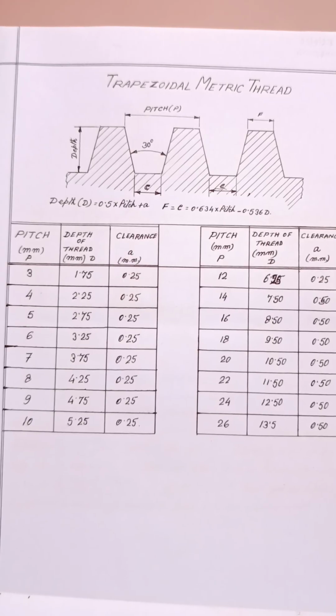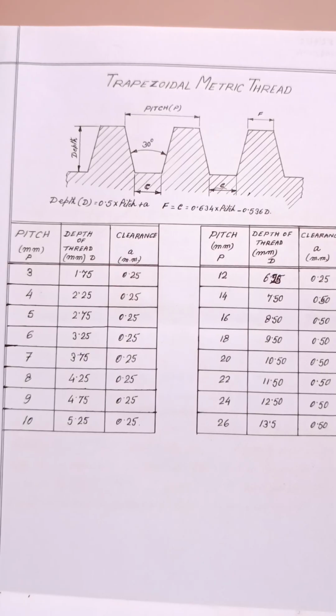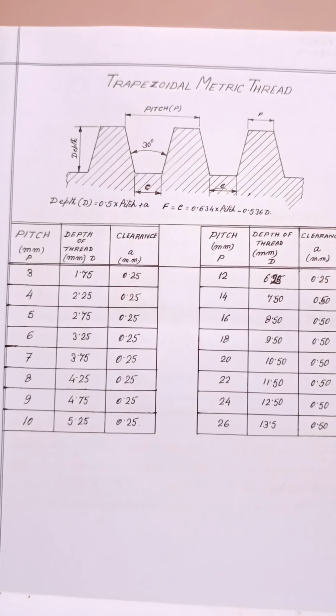This thread is used especially when we are cutting the thread on a lathe machine, because engagement and disengagement of the half nut in this thread is very easy. That's why this thread in metric unit is called trapezoidal thread, and in the English system it is called ACME thread.